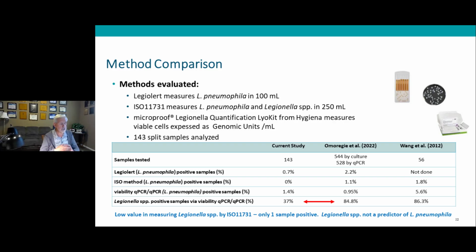And when we compare these to other published results, the Regi, apologize if I butchered your name, and also Wang study, when they did just straight PCR, not viability PCR, they got 85% positives, plus or minus, of Legionella species detected in public water systems.